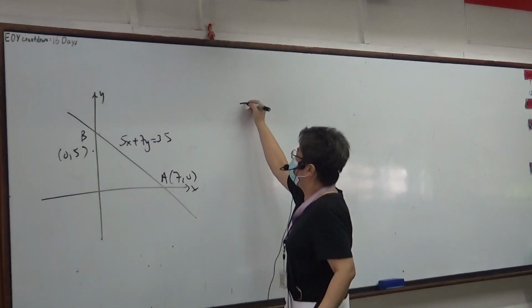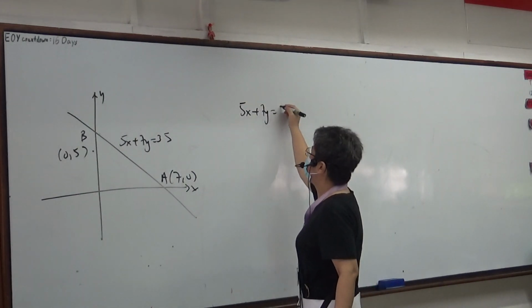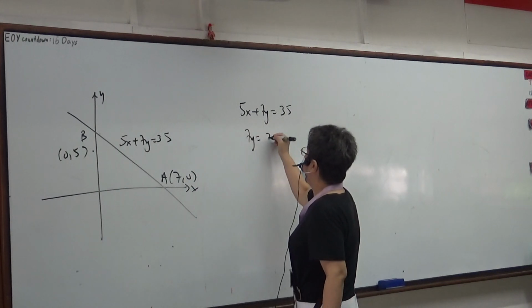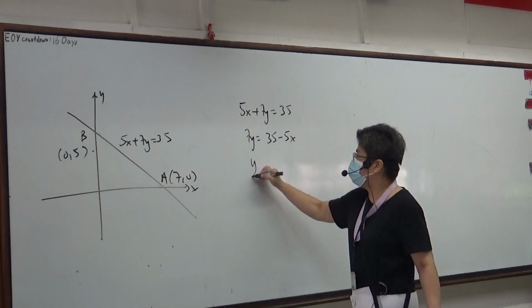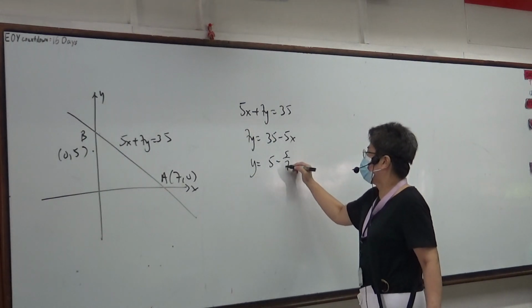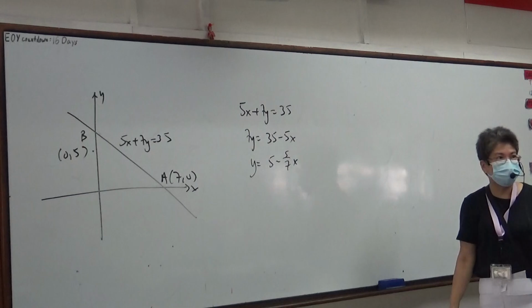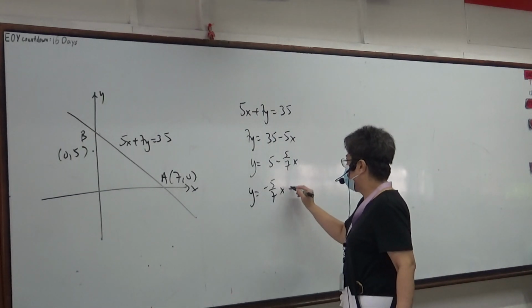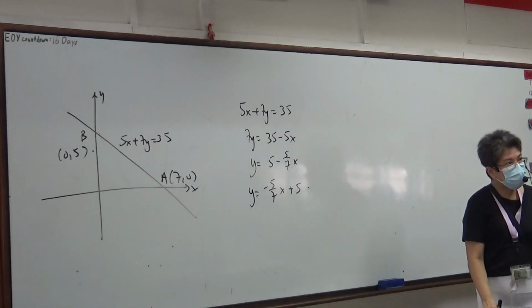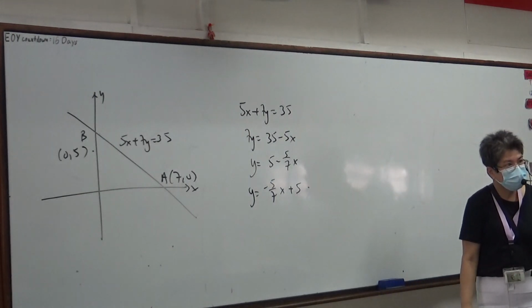Now 5x + 7y = 35. 7y is 35 minus 5x, right? What is y? y = 5 - (5/7)x, right? Now, I don't like this, I will write it like that. Is this okay?